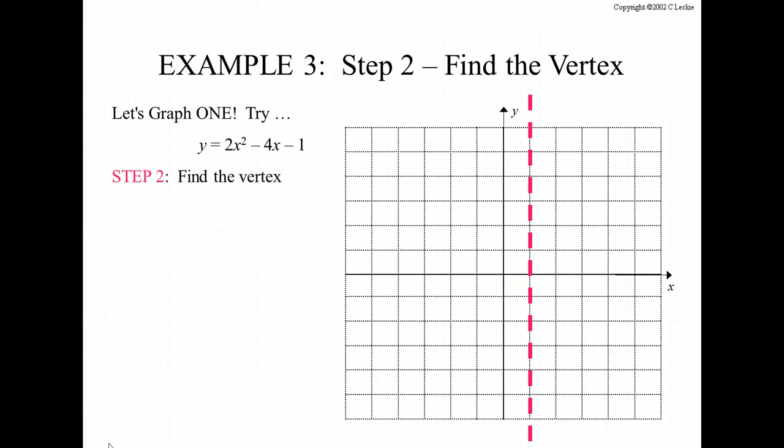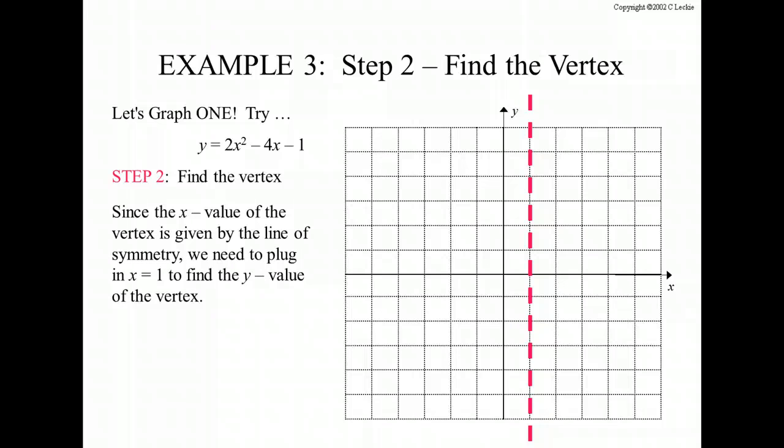Step 2, we find the vertex. Well, to find the vertex, we take the value we found for x, we plug it into our equation, and we solve for y. Well, we know from the last slide that x is 1. So if x is 1, we're going to plug that in, so we have 2 times 1 squared minus 4 times 1 minus 1.